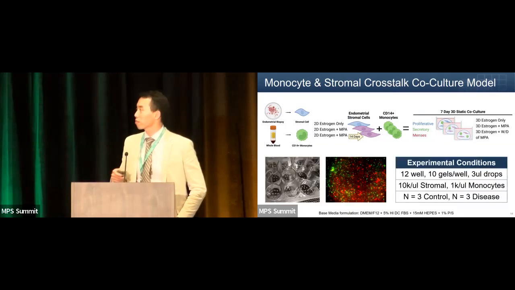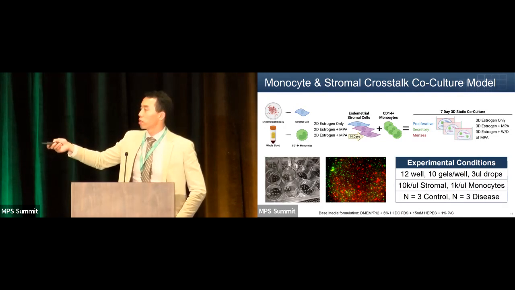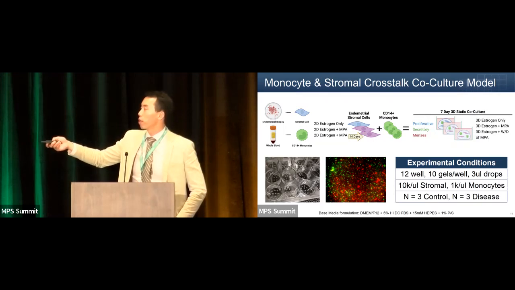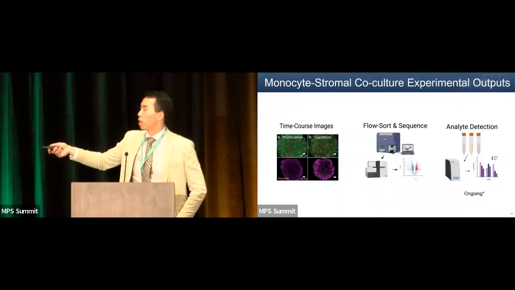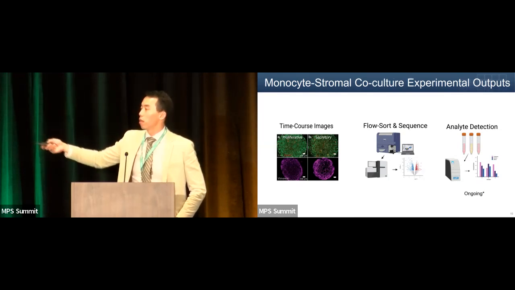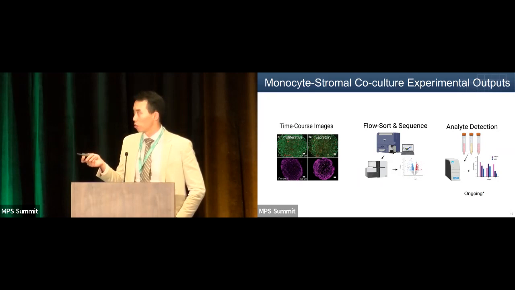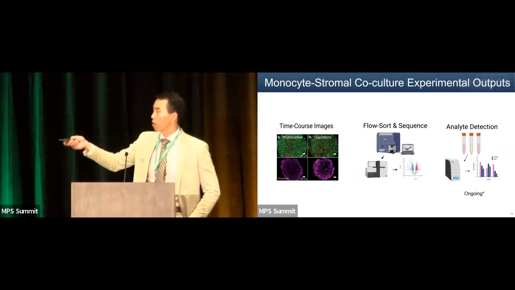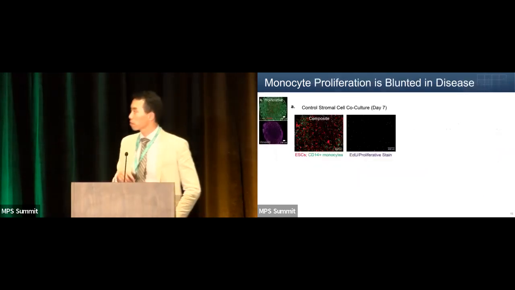In these droplets, we're able to not only culture them for a period of 7 days, but do a bunch of different experimental outputs, such as look at time course images, flow sort and sequence the individual monocyte and stromal populations, and also do some downstream analyte detection. So I'll talk primarily about these two first.